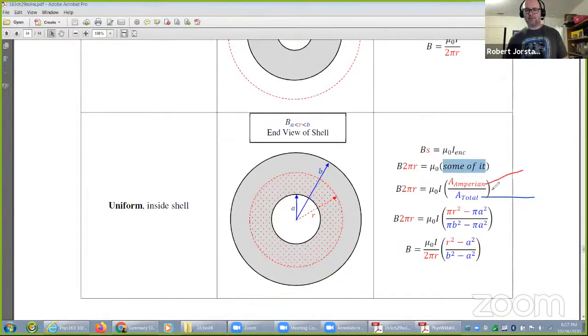Notice there's the current right there, so it's the ratio of this red area to the full area. In this case, it's pi times the outer radius, but we're only going out to little r, minus pi times the inner radius squared, over the whole area of the shell.